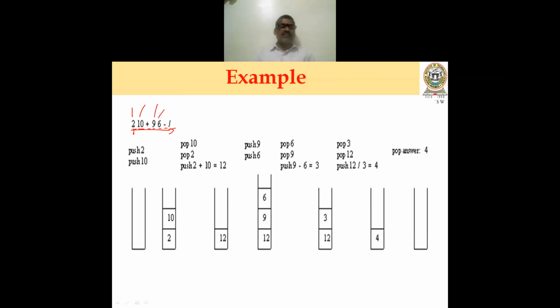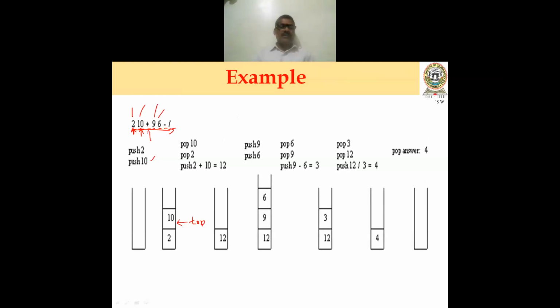First we scan 2, an operand, so we push it into the stack. Next we scan 10, again an operand, so we push it into the stack. Now in the operand stack, 2 is there, and on top of it 10 is stored.